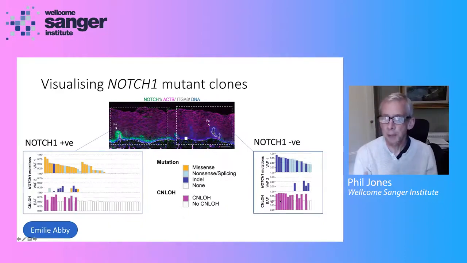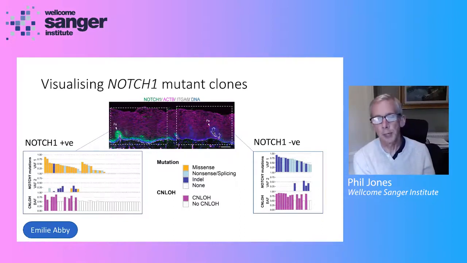So where we see an absence of Notch1, both alleles have been disrupted. But even in the positive areas, the majority of samples had mutations in one Notch allele, and there were also examples of copy neutral loss of heterozygosity. So Notch1 is majorly disturbed by mutation in normal epithelium.